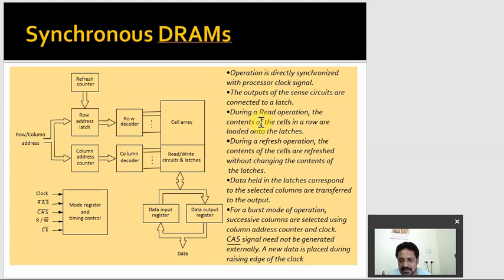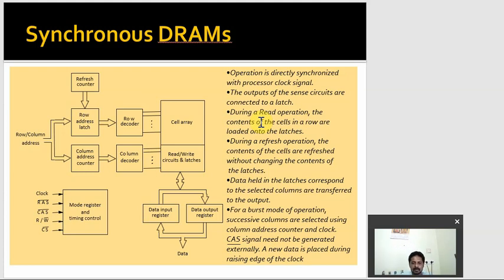Data held in the latches corresponding to the selected columns is transferred to the output. For a burst mode of operation, successive columns are selected using a column address counter and clock. The CAS signal need not be generated externally. New data is placed during the rising edge of the clock.